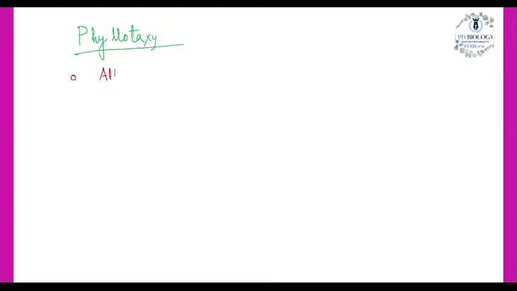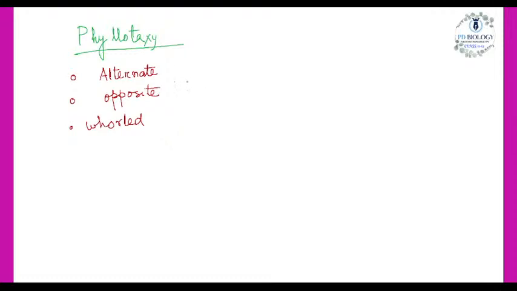They may be alternate, they may be opposite, and whorled. In alternate, a single leaf arises at each node in alternate manner.